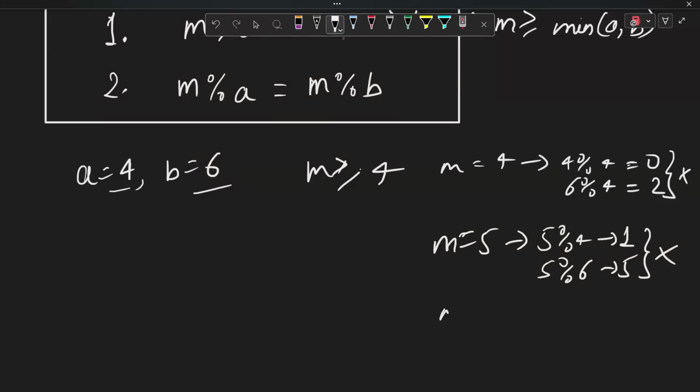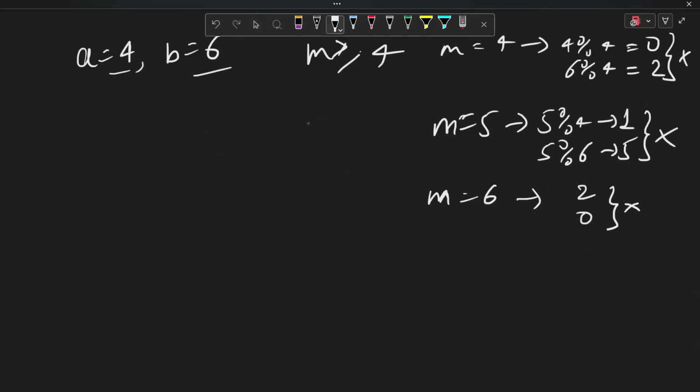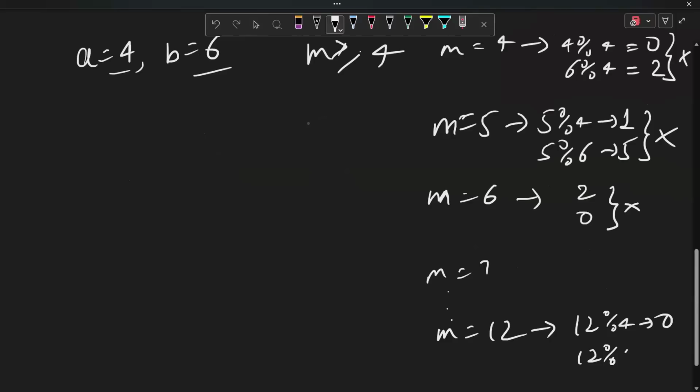Again, they are unequal. At M equal to 6, mod 4 we get 2 and mod 6 we get 0. They are unequal. You can try M equal to 7, 8, 9. Likewise, when you reach M equal to 12, 12 mod 4 is 0 and 12 mod 6 is also 0. Both of them are equal.